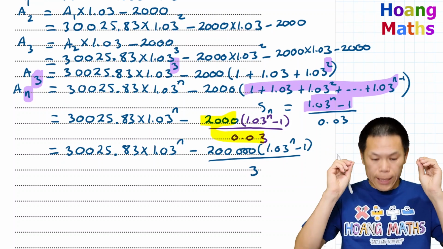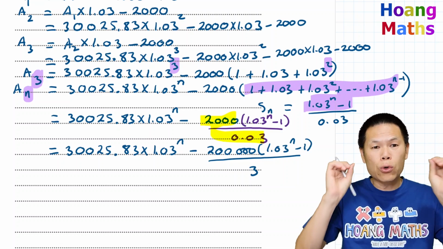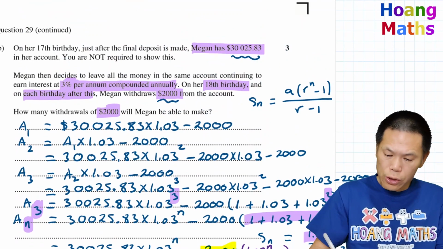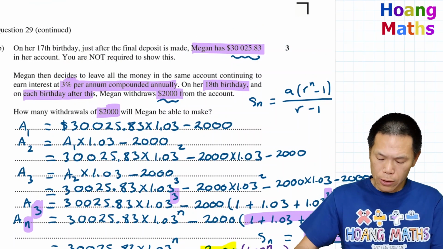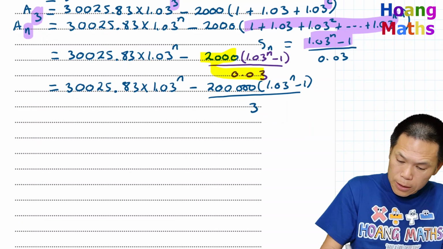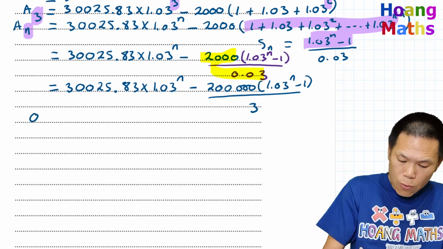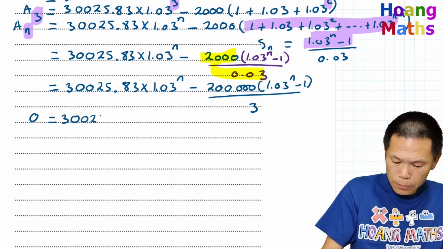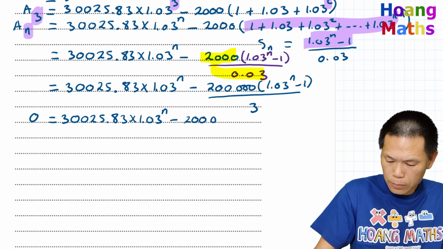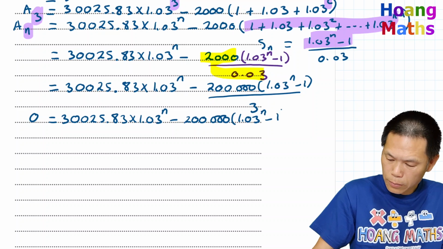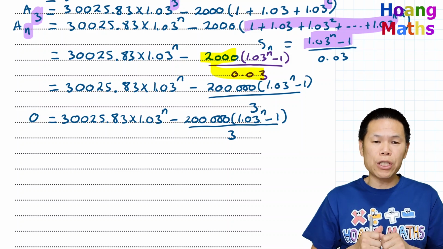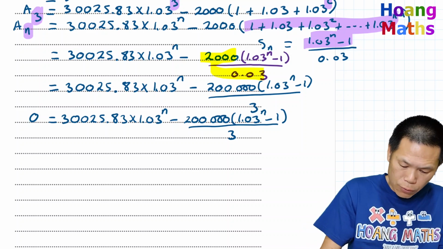So we know that at the end, An is equal to 0. We need to work out how many $2,000 withdrawals she can make. So we make An equal to 0. So that means 0 is equal to, now let me just get rid of the 3. So I times 3 on every term. So 0 times 3 is 0.